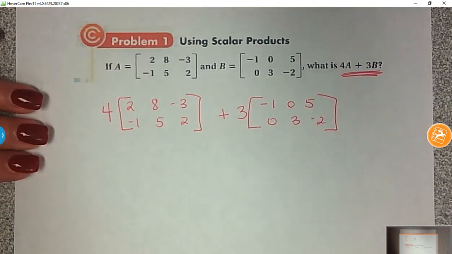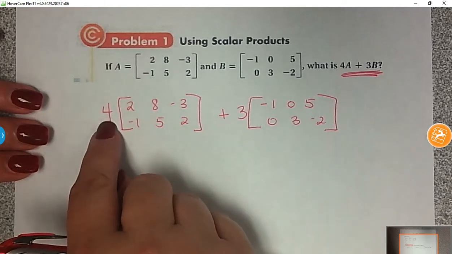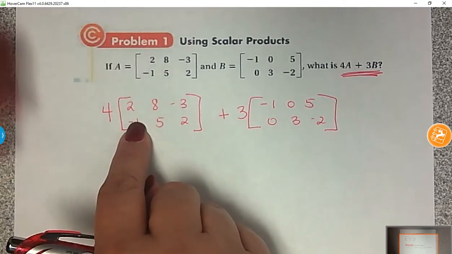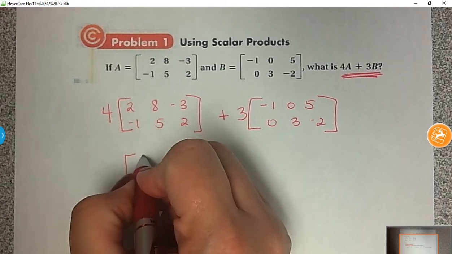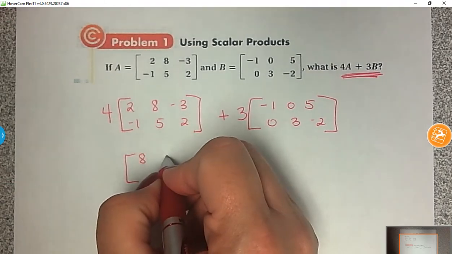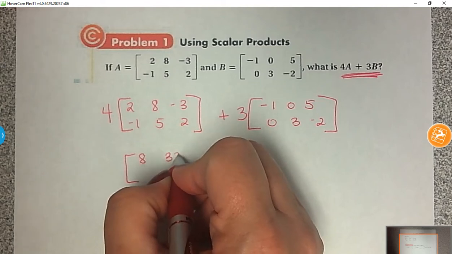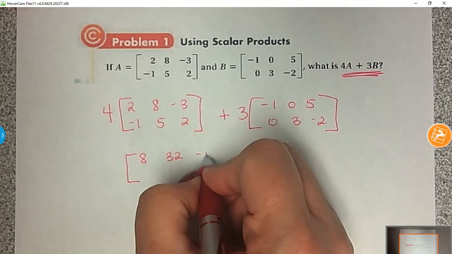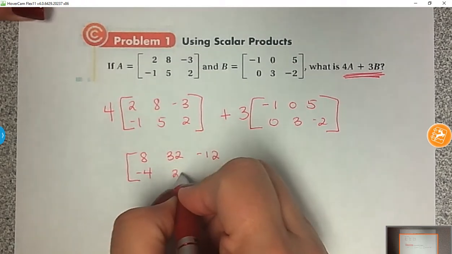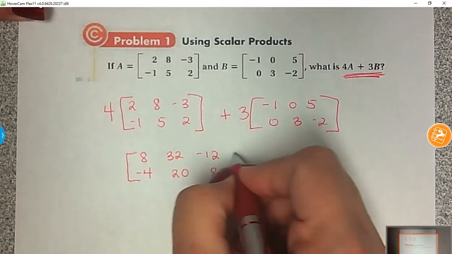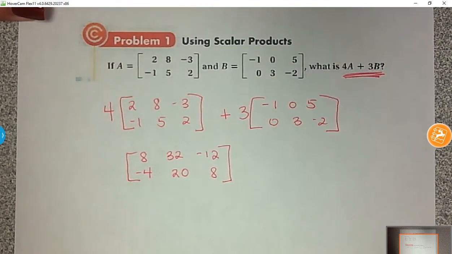Okay, so using my scalar multiplication, I'm going to multiply this 4 times everything in that matrix. So that will become, on the top row, 8, 32, negative 12, and negative 4, 20, and 8 on the bottom row.